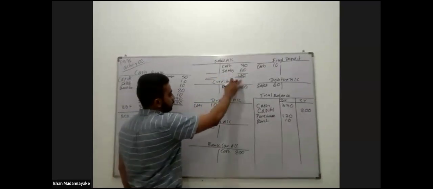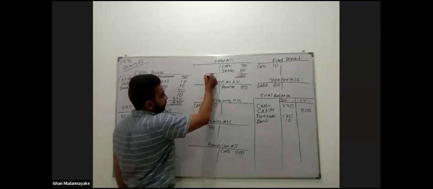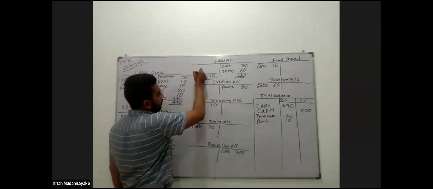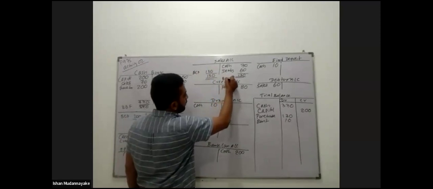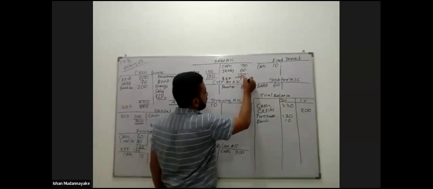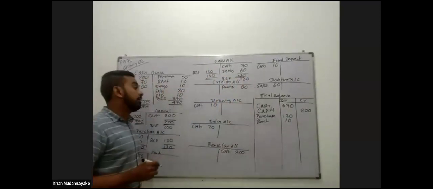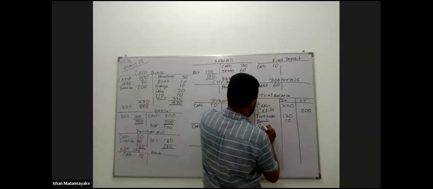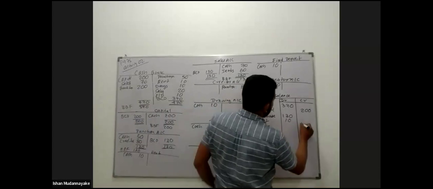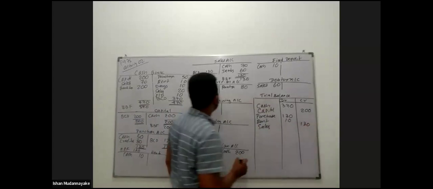This 130 is transferred to the debit side, and then balance carried down 130, balance brought forward 130. BBF 130. Sales account balance brought forward 130, credit side.